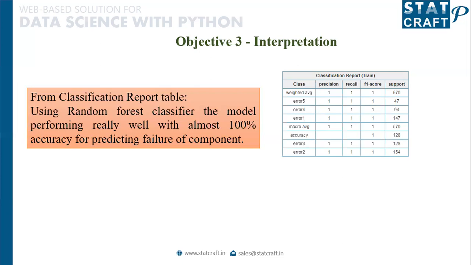The overall accuracy is close to 100%. Now, 100% could be because our model is overfitting. That could be a possibility. I will not speak about the problem of overfitting in this particular case study, but nevertheless, at a very high level, you can look at some of the important metrics like the precision, the recall, the F1 score, and so on and so forth.